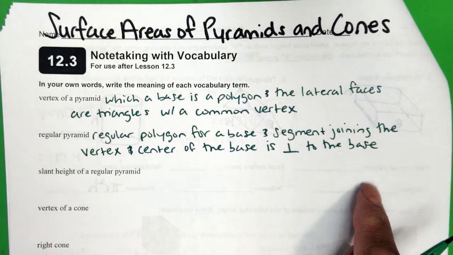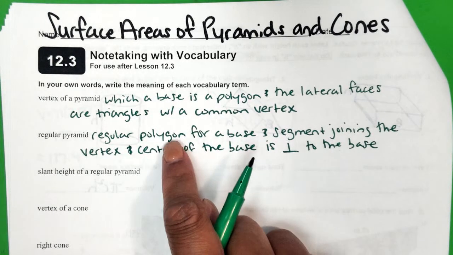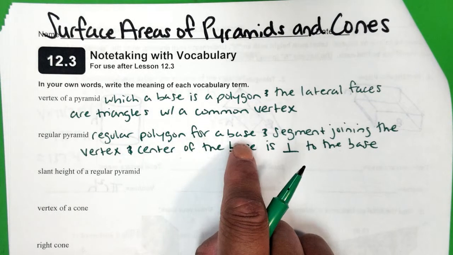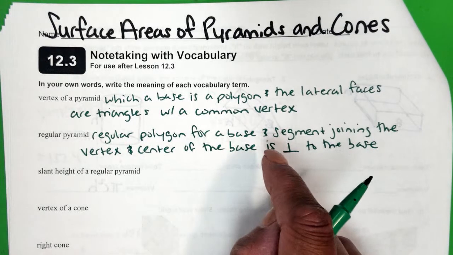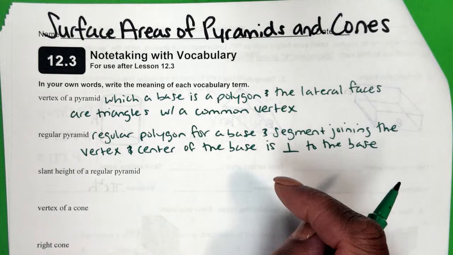I did leave a couple of words out due to space, but a regular pyramid has a polygon for a base, and the segment joining the vertex and the center of the base is perpendicular to it. So we'll see a couple of examples of that one.